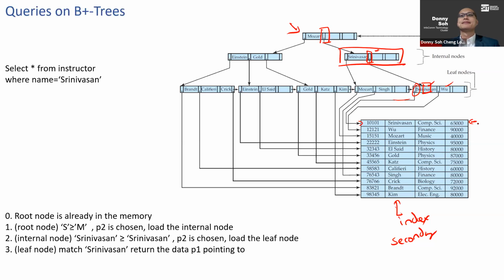So only the leaf node has the records pointing to my actual physical table. Any questions on this?